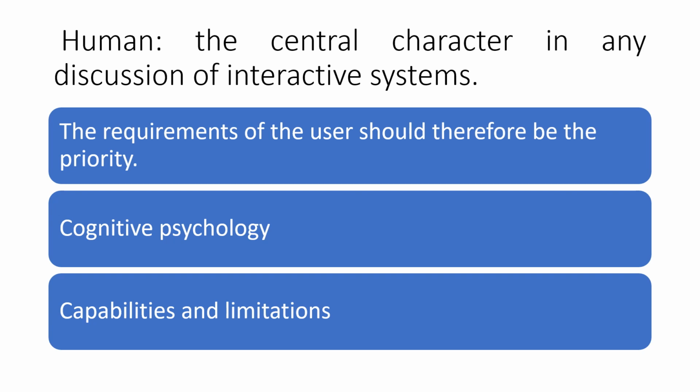But we have to be more focused towards the capabilities and limitations of humans as well as the design systems. Because once we understand what the capabilities of humans are, where the limitation of the human system is, then we can design the interactive design, either complementing it or imitating the same designs which are available with the humans.